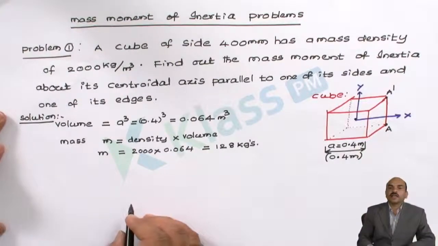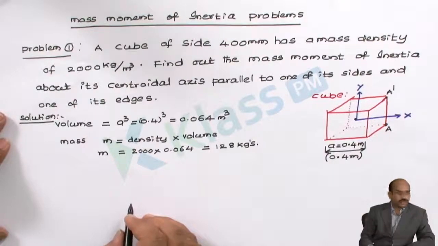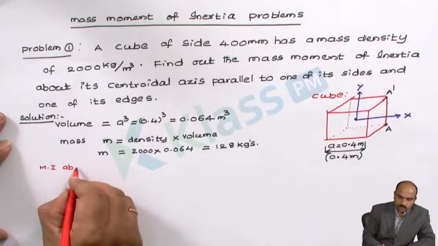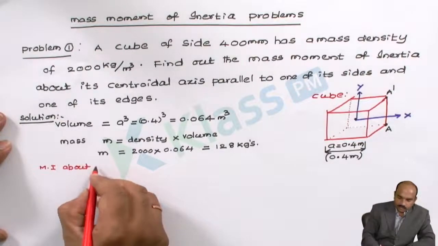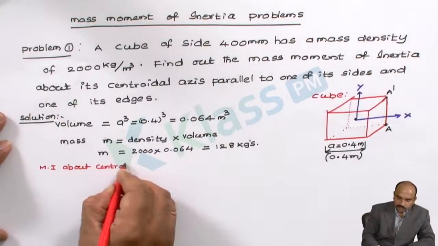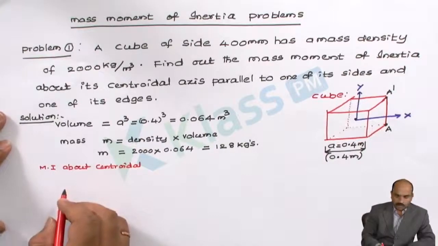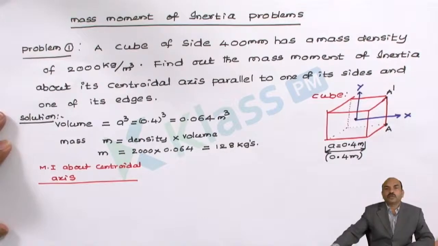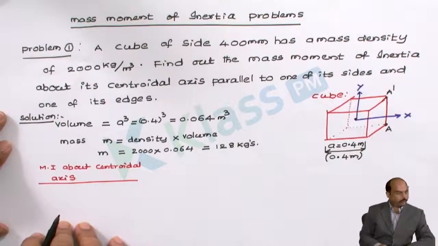Now let us calculate the moment of inertia about its centroidal axis. We know the formula for the moment of inertia about the centroidal axis for the cube.